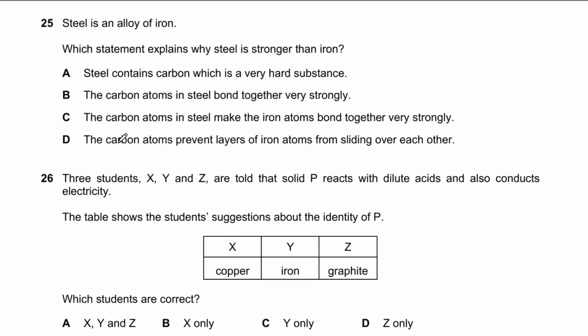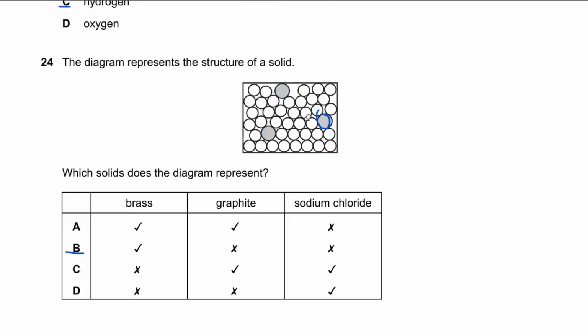Question 25. Steel is an alloy of iron. Which statement explains why steel is stronger than iron? Now, the reason is simple, because when we form alloy, from the picture here, you can see that there is a kind of distortion, to prevent the atoms from sliding over each other quickly.